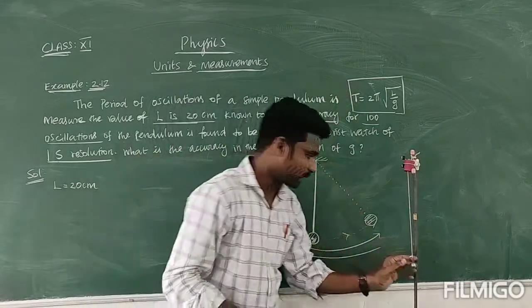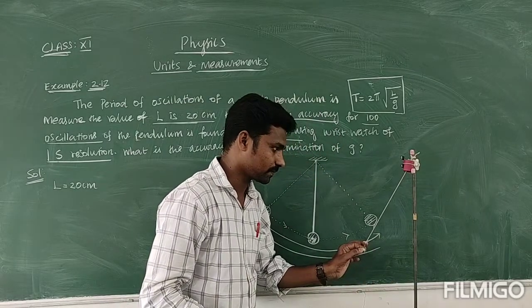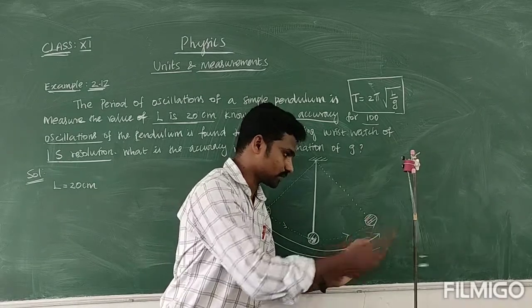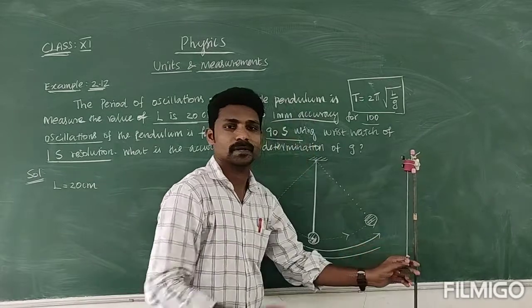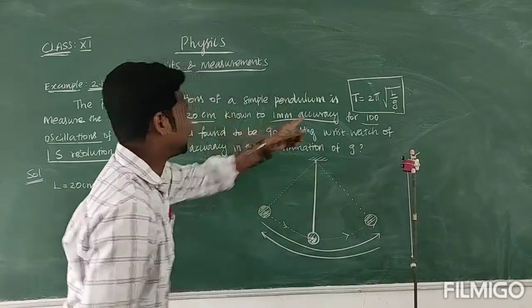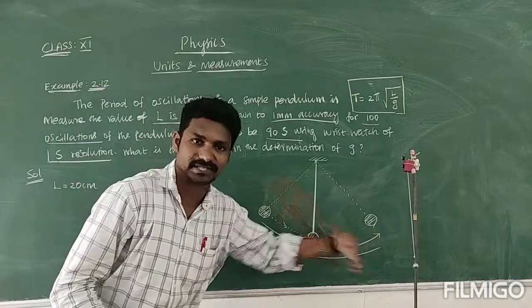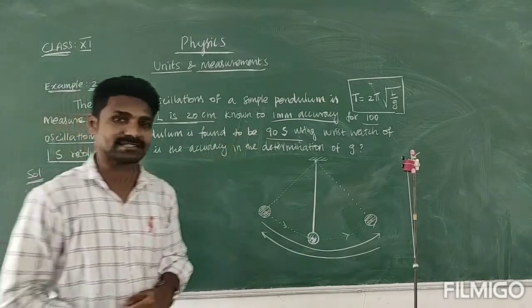For example, see here, now I am going to leave this: 1, 2, 3, 4, 5. Like that, they take 100 oscillations of the pendulum. For 100 oscillations, the time taken is 90 seconds.